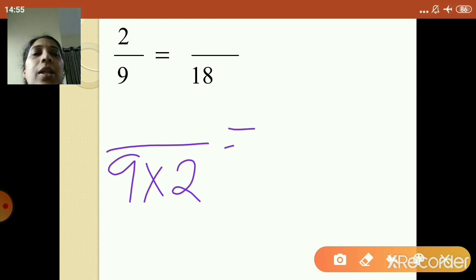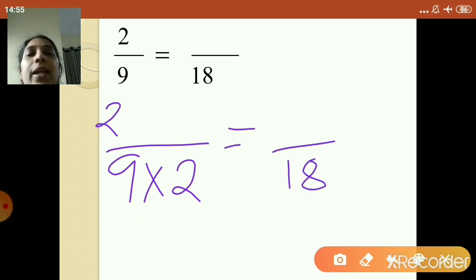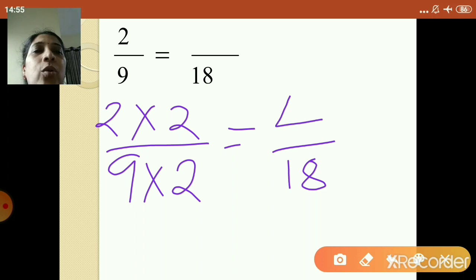And what answer do you get? 18. So 2 is there in the numerator. Again, I'll multiply it by 2. So 2 2s are 4. So what answer you get? 4 upon 18. So 2 upon 9 is equal to 4 upon 18.